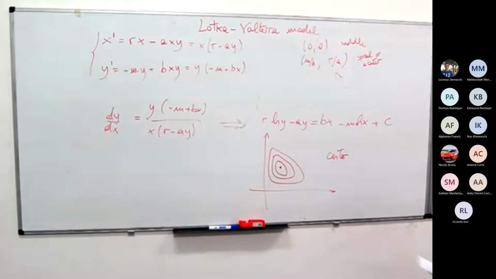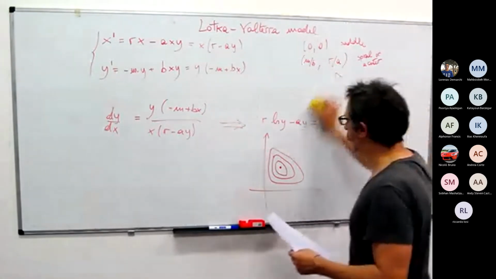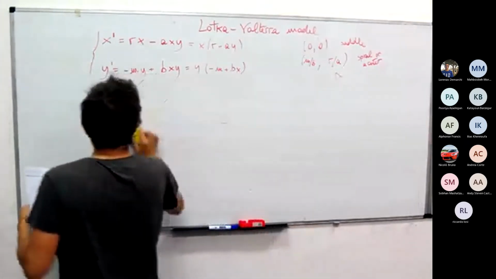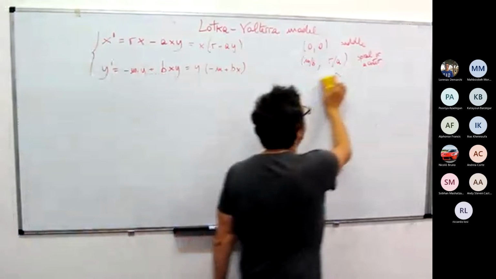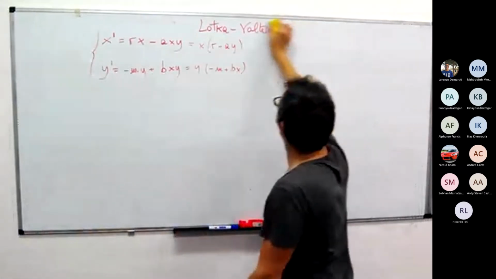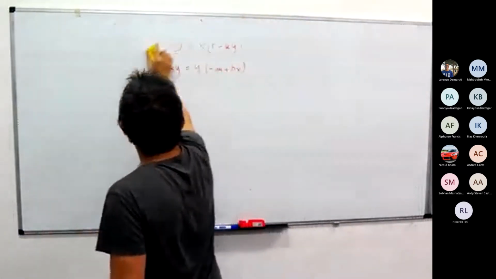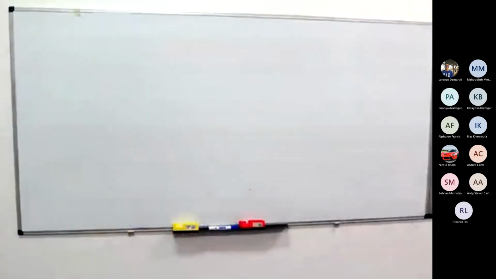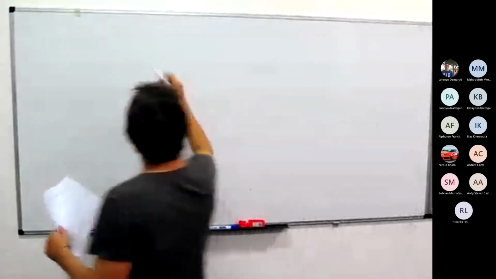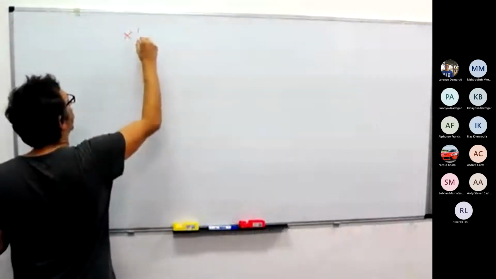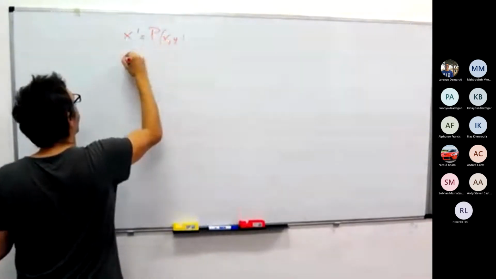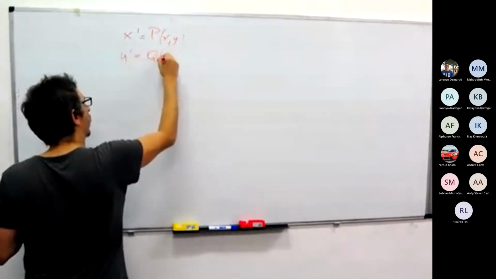Now, the last thing I want to talk about today is bifurcation. What we have seen is how to deal with nonlinear systems of the form x prime equal to p(x, y) and y prime equal to q(x, y).